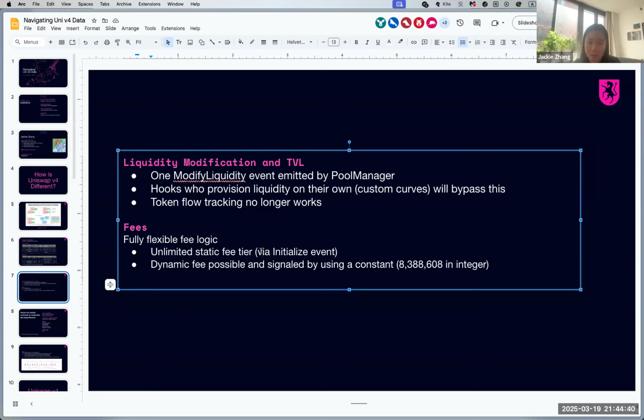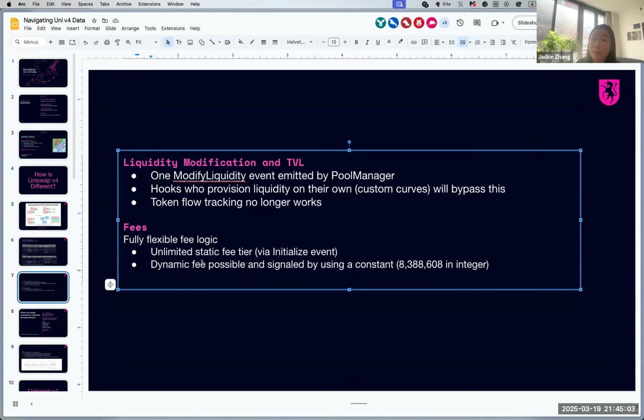There's no limitation as long as the math works. Whatever you set is a static fee that will be charged to the swappers during the swapping stage. However, it is also possible to have a dynamic fee tier based on some sort of logic.